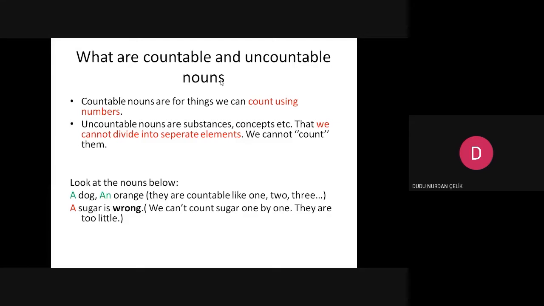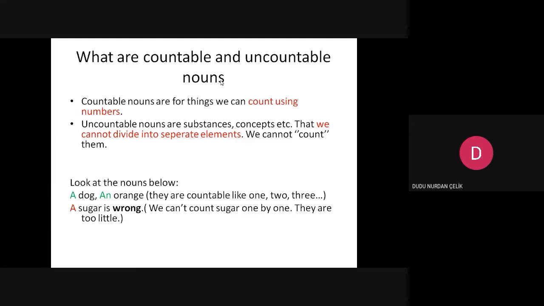Think about water, please. Water consists of hydrogen and oxygen. True? But can we separate hydrogen and oxygen from water? Of course not. We can't. It cannot be separated into elements. So, water is uncountable.